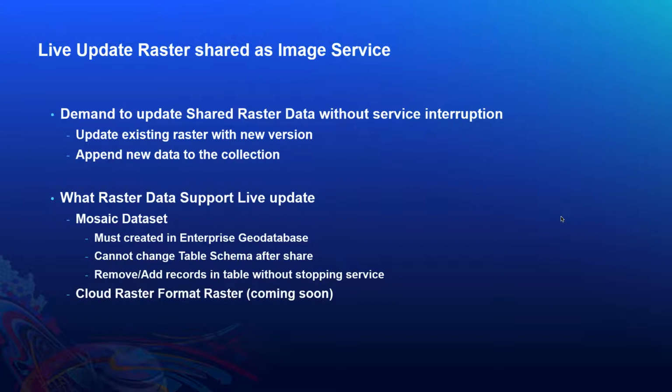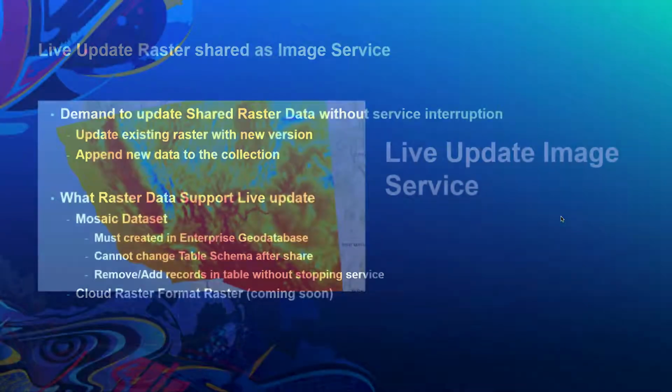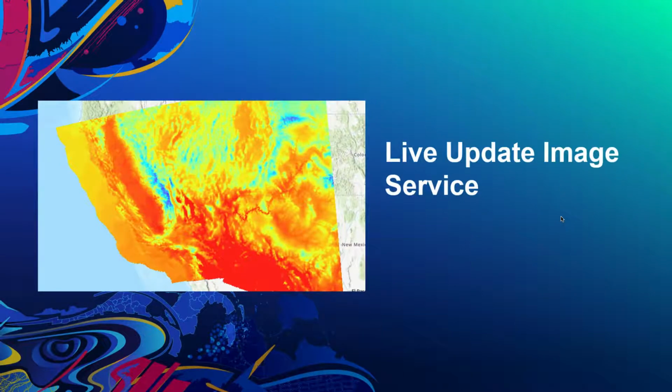But removing and adding records in the table without stopping the service is supported. In the upcoming image server release, we'll also support live update on the cloud raster format raster dataset. Now let me show you a quick demo on how you can enable live update operations on a Mosaic dataset type of image service.